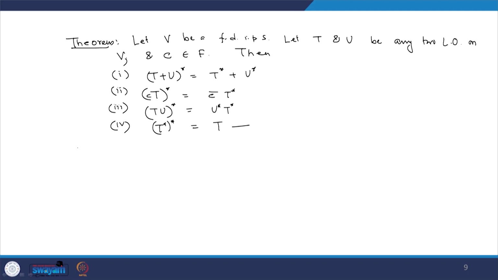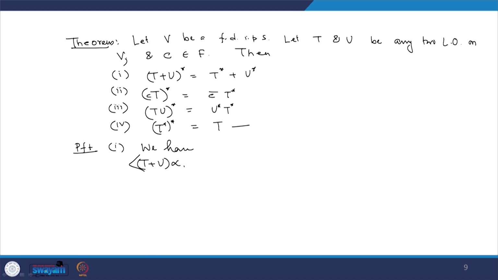So, this proof is very simple. I will prove one or two, then we will leave it to you and you can take it as a home assignment to cross check the result. For the first, we have T plus U operating on alpha.